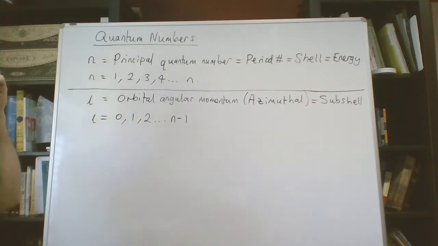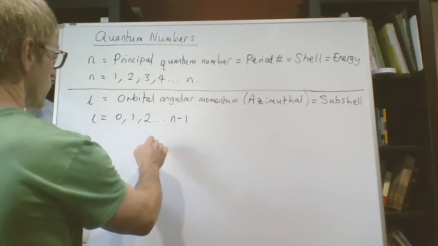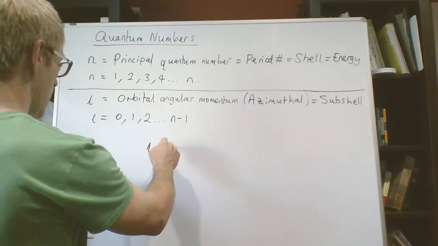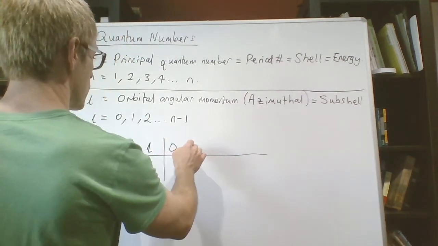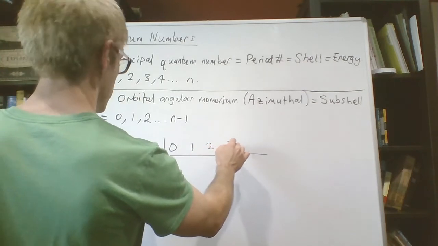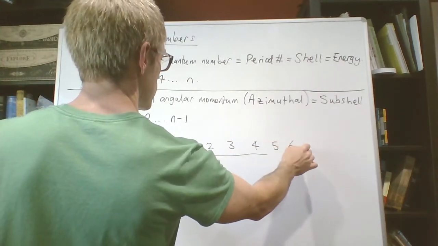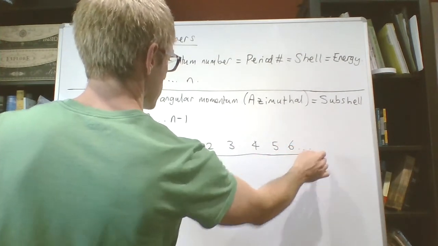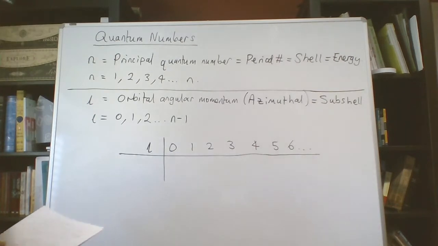It's a good idea at this stage to memorize the following table, as it will be used frequently moving forward. So if we put a table of L values, 0, 1, 2, 3, 4, 5, 6, we could keep going. You'll realize there's little point to keep going too far in a second.